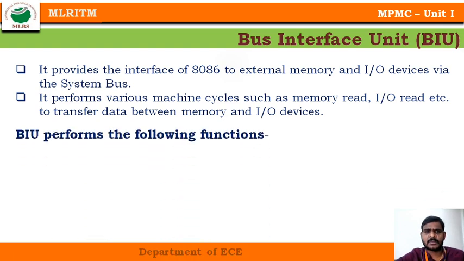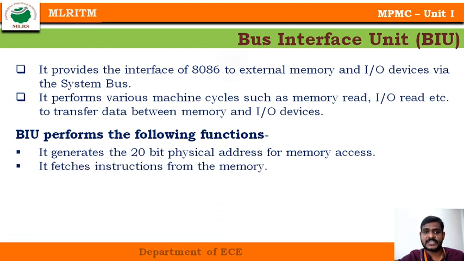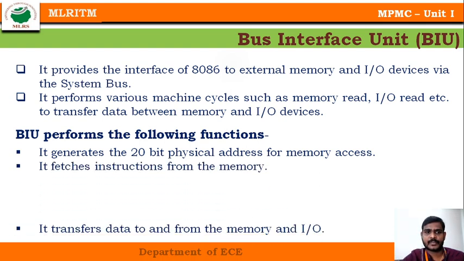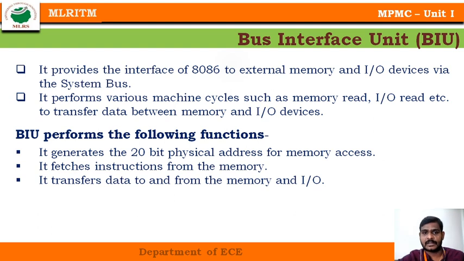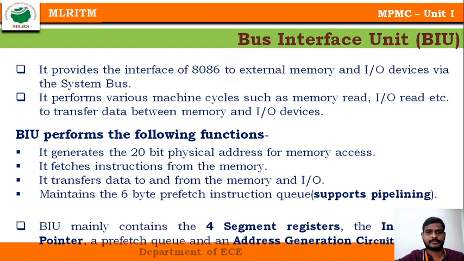So these are some of its functions. As I said, it generates a 20-bit physical address for memory access. It fetches the instructions from the memory. It transfers the data to and from the memory and IO devices, and maintains a 6-byte prefetch instruction queue, supporting the pipelining concept.